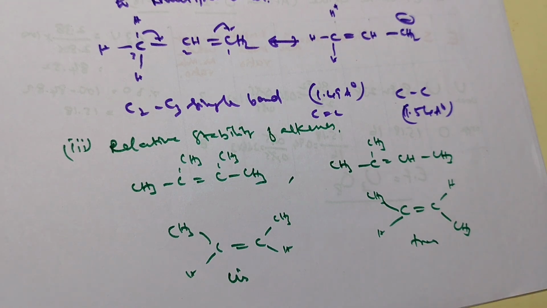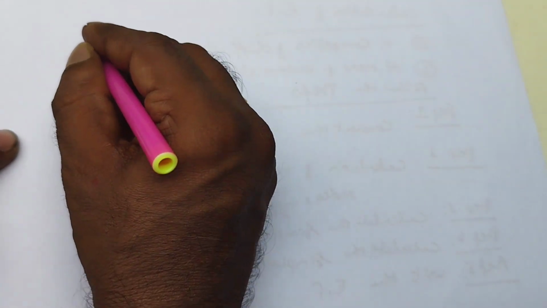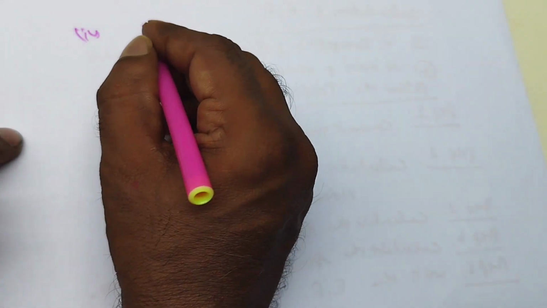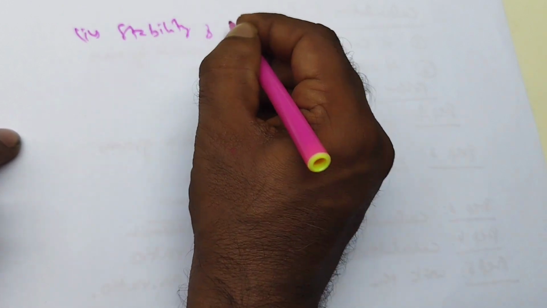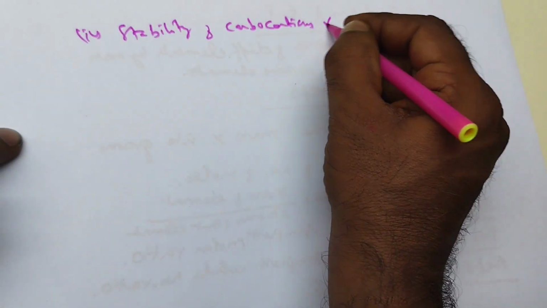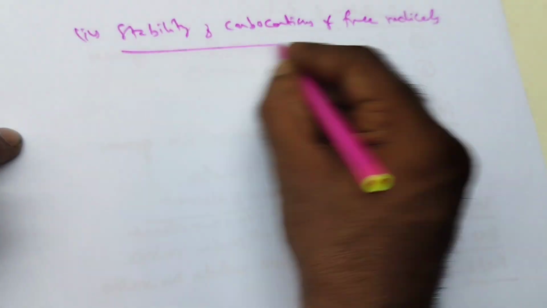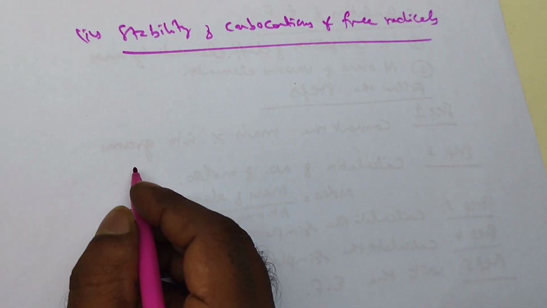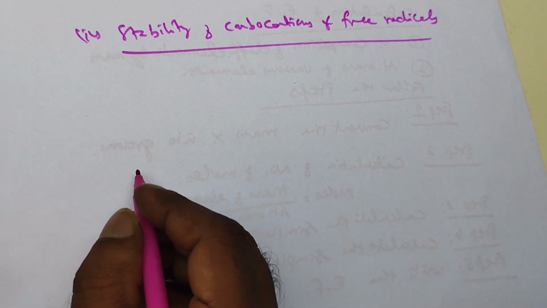That is another application. The fourth application is the stability of carbocations and free radicals. In this case, we are going to talk about carbocation stability.